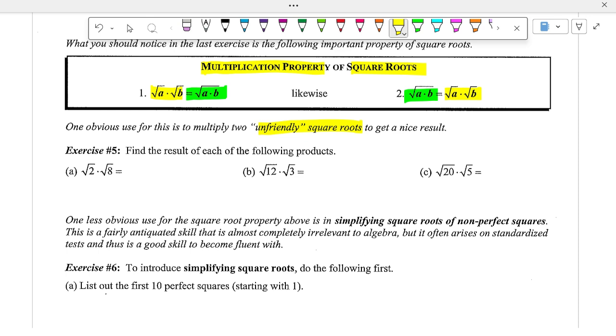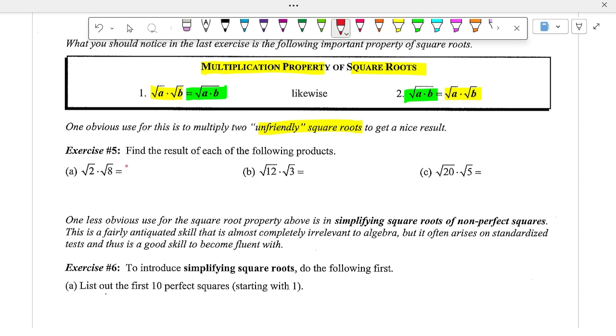What do you think I mean by unfriendly square roots? They don't give us something even. It'll give us a really weird decimal if we put it in our calculator. Well, look at letter A. I have the square root of 2 times the square root of 8. Are either one of those two numbers perfect squares? No. So how could I rewrite this so there's a perfect square under the radical?